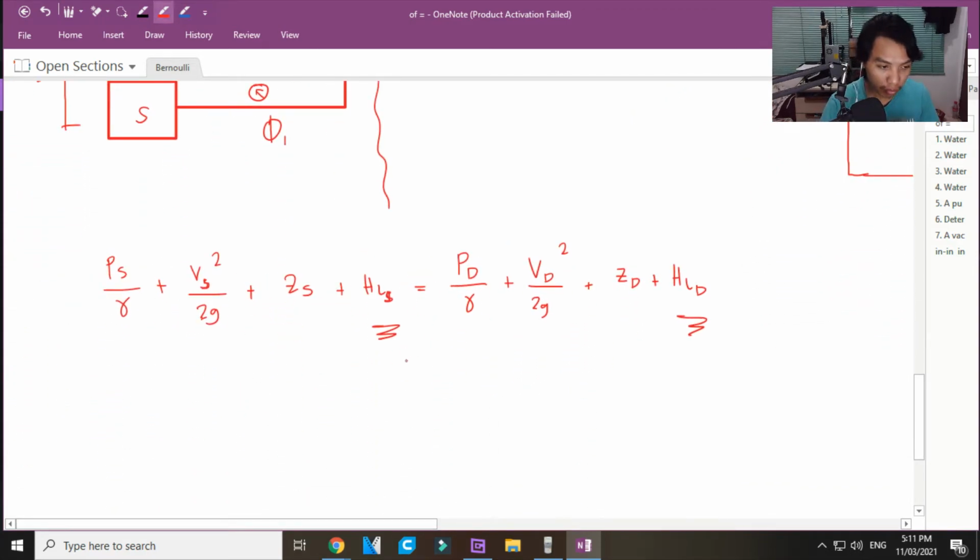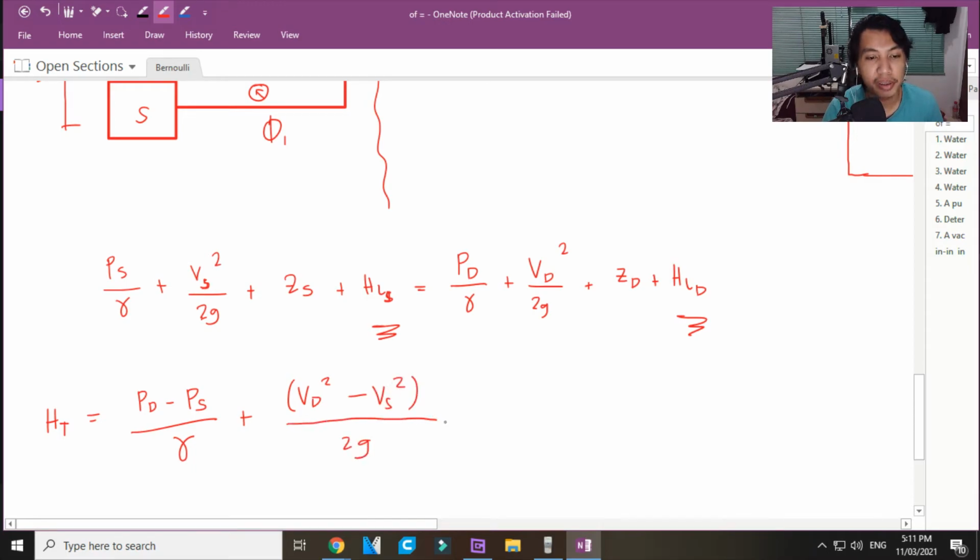Now, for the total head of the pump, head total. Okay? Pagsama-samahin mo lahat sila sa isang sulok. Okay? This is PD minus PS over the gamma plus yung VD squared minus VS squared over 2G plus ZD minus ZS plus the head loss on suction to discharge.